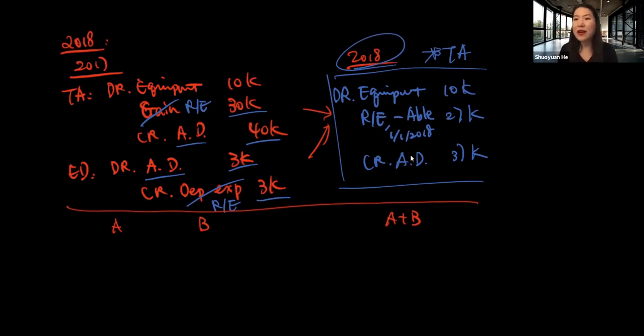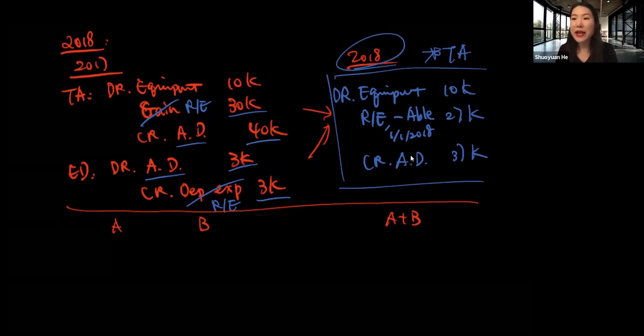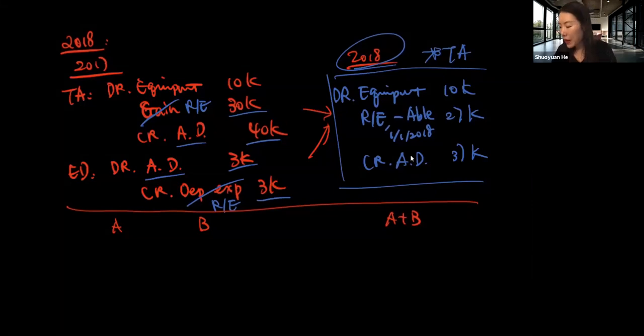Because the asset is still on Baker's book, each year Baker is making depreciation at 9,000 per year. But if you view two firms as one firm, the depreciation should always be 6,000 per year. So for every year afterwards, we need to adjust that 3,000 difference in depreciation expense every year.